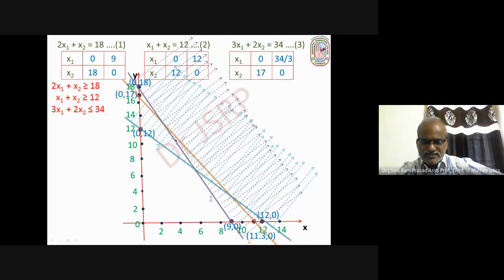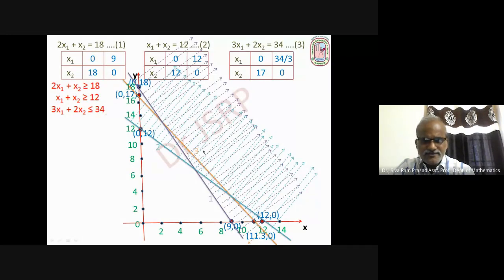Okay, so here the region is narrow region. Without scale you draw, you get confusion whether this line passes in this side or this side or this side. Okay, so it is better to use scale to draw the graph. Okay, so this is third line.